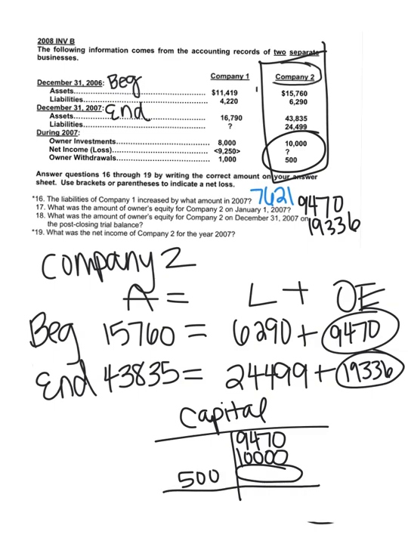And at the end of the year, the balance should have been $19,336. So after you add in your investment, take out your withdrawal, and then subtract the difference, you can figure out the missing net income. And you should get a net income of $366.